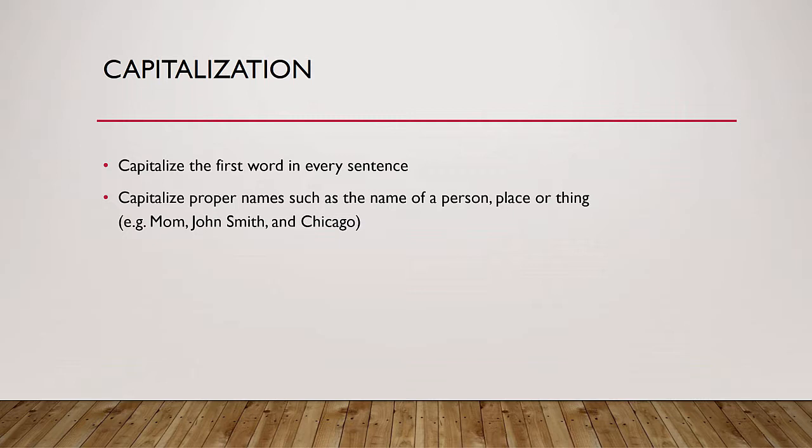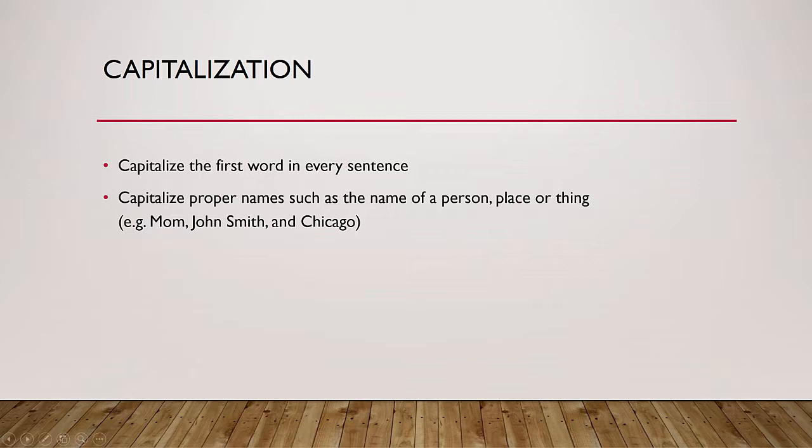But if it's my mom, your mom, for instance, we're describing some mom, it's not the name Mom, then it would be lowercase m-o-m. So if it's Mom, I'm talking to Mom, then it's uppercase M. If it's a mom, the mom, your mom, then it's lowercase m. I'm sorry to have dragged that out, but it's significant, and we're getting down to the details of the language. You need to learn this.